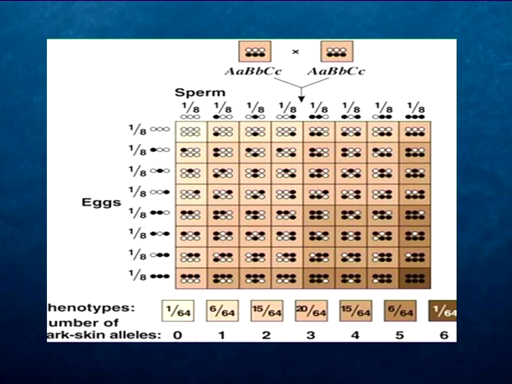Then with 1 dominant allele, you have 6 individuals. Then you have with say 5 dominant alleles also, you have 6 individuals. Then with 3 dominant, 2 dominant alleles, you have 15 individuals.